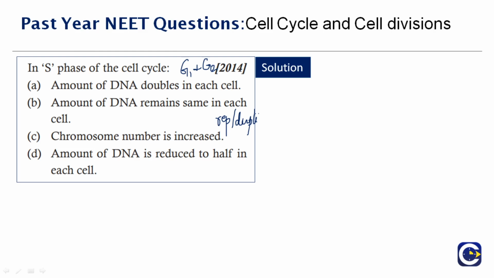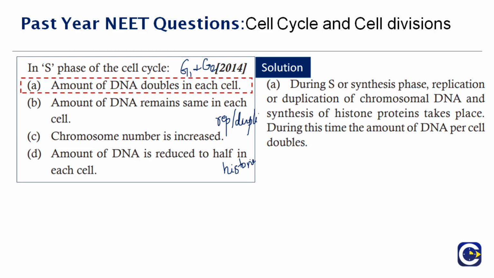So during the synthesis phase, the replication of the chromosomal DNA happens with the help of which protein? Any idea? We always have the help of the histone proteins. They take place, and during this time the amount of DNA will actually double per cell. Therefore the correct answer is option A. Amount of DNA doubles in each cell.